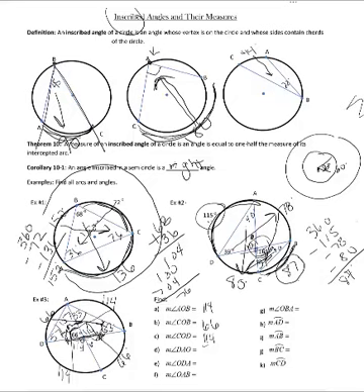DAO is the 57. ODA is the other 57. OAB, that little 33 up there. OBA is this 33. Arc AD, 66. Minor arc AB, 114. Minor arc BC, 66. And minor arc CD, 114.